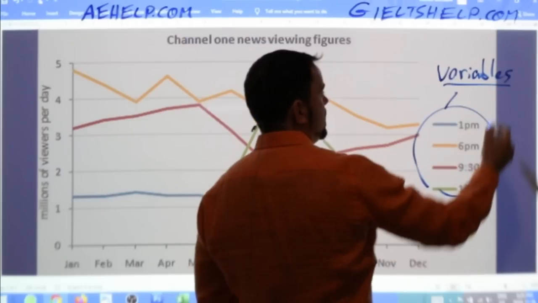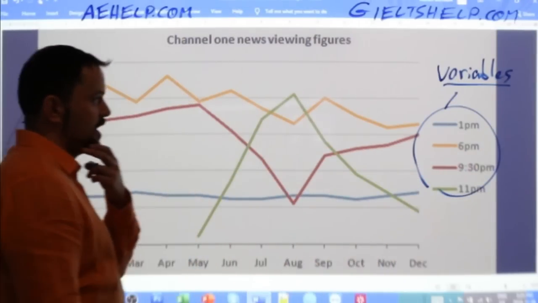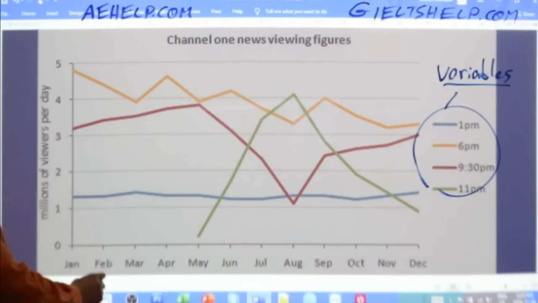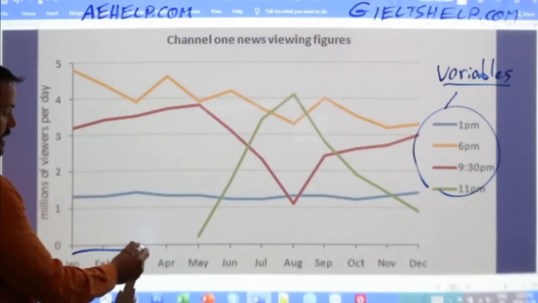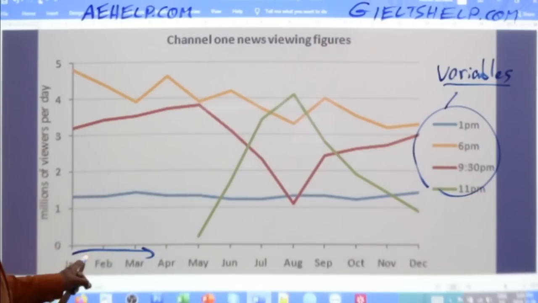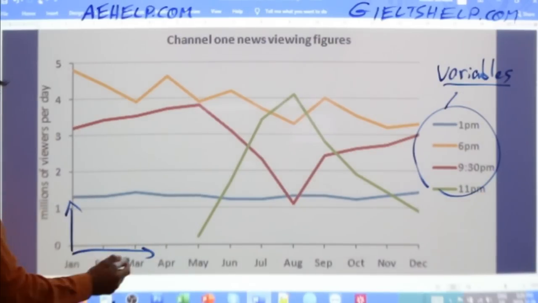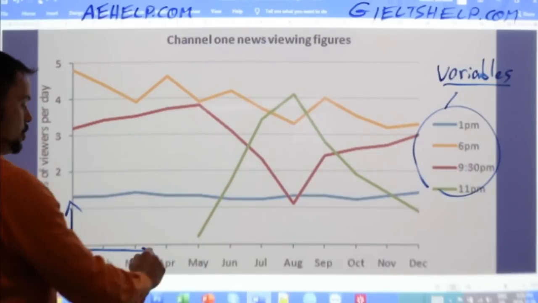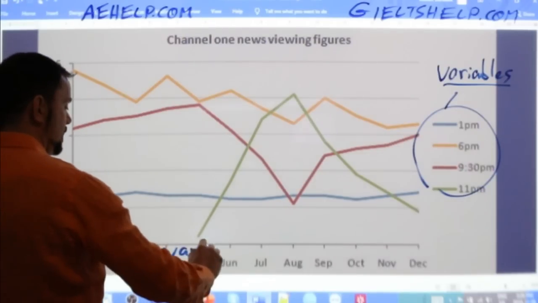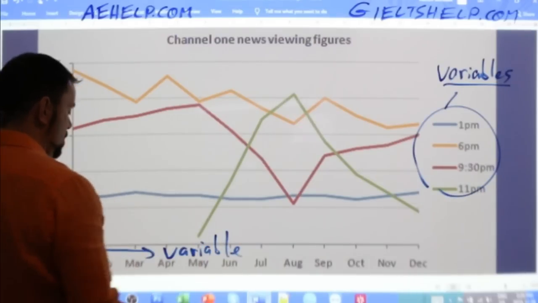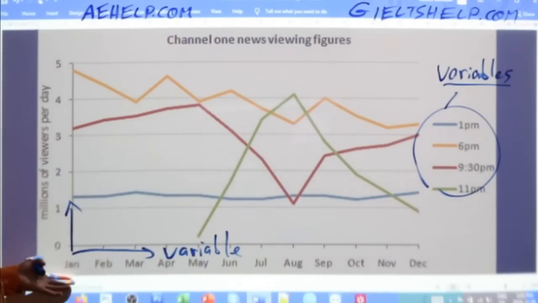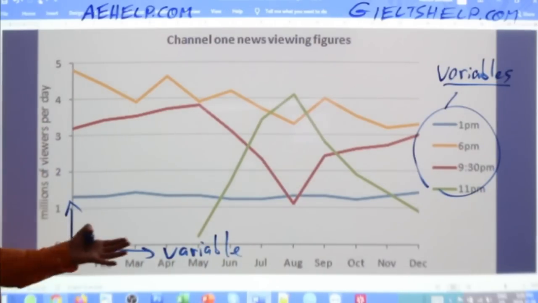Variables because they can change, all right? So the axis here, the y-axis and the x-axis are also called variables. Variable means it can change. And of course, that simply states that January to February, February to March, you have changing months.